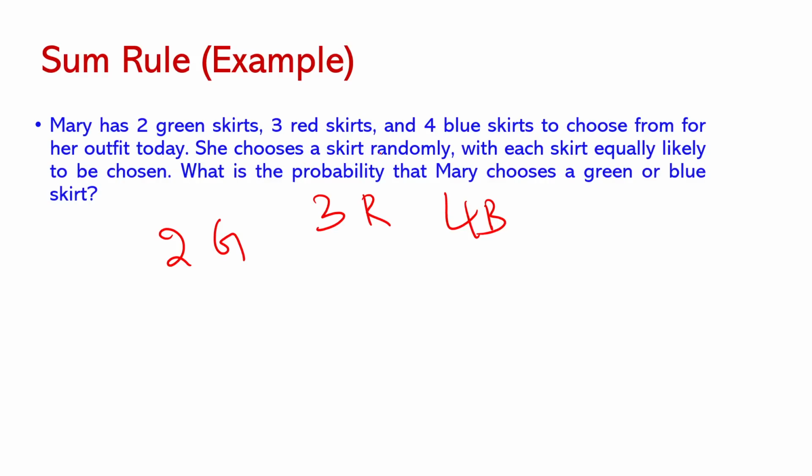She chooses a skirt randomly with each skirt equally likely to be chosen. Equally likely to be chosen means the chance of getting this is 1 by 3, this also 1 by 3 and this also 1 by 3. What is the probability that Mary chooses a green or blue skirt?